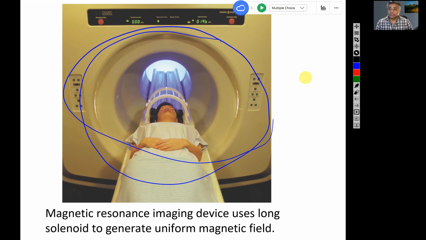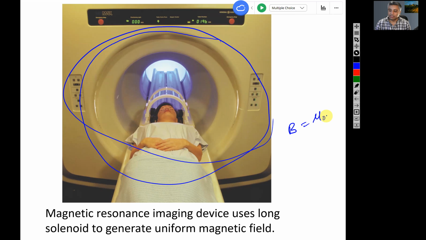And that helps to align, let's say, molecules and so on, and it helps to capture the image. So here, the interest is the solenoid. What's the role of the solenoid? It's producing a magnetic field. How much is it producing?